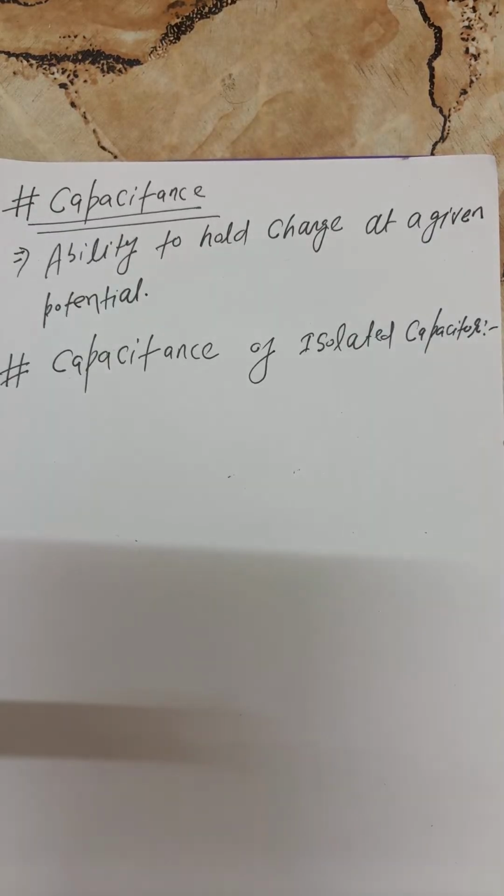Okay, better, for this condition, I'm not giving you any size, right? Students, I'm not giving what is the shape of the body. No, not at all. Just simply I'm telling the child what is the capacitance of isolated capacitor.